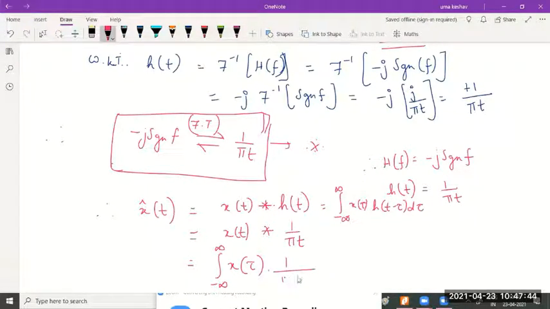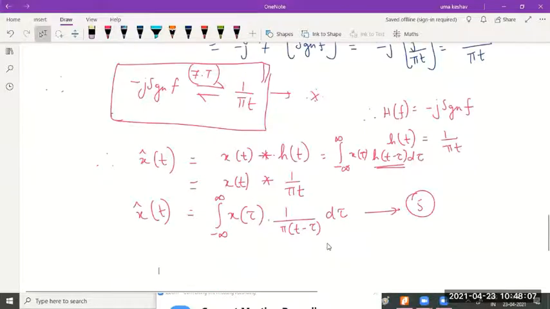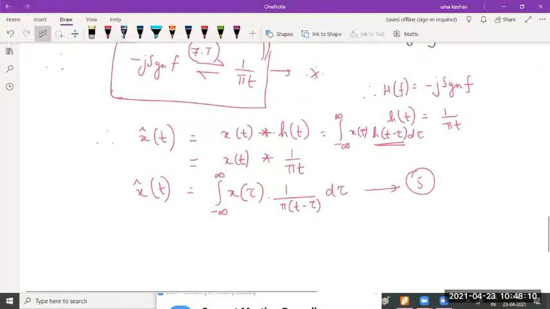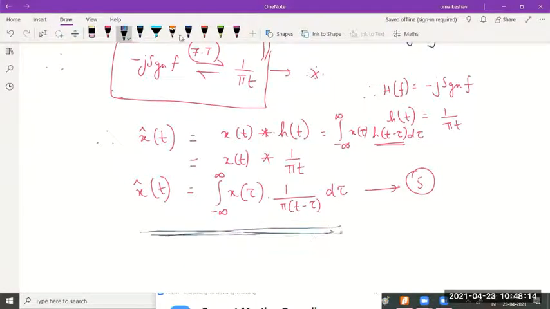So h of t minus tau will be 1 by pi into t minus tau. This is the expression for the Hilbert transform of a given signal. So please remember this. This is how we derive the expression, and this represents the Hilbert transform of the given signal.